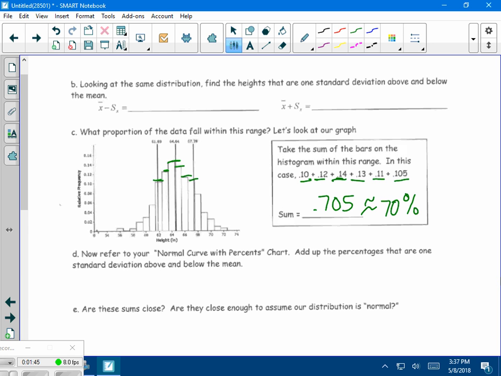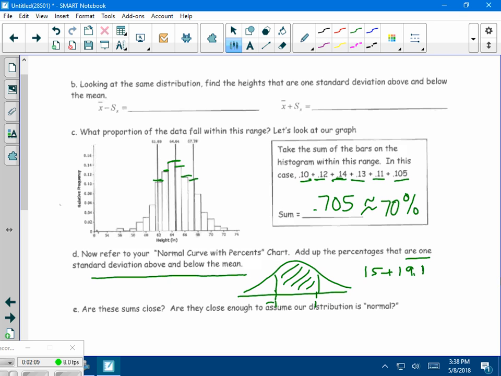So when it says when you refer to the normal curve, so that's that separate sheet that you're getting. It says add up the percentages that are one standard deviation above or below the mean. Well, that means in the curve, when you look at the bottom, the ones that go from -1 to +1, when you add up all that in here, what you should end up with, right, is adding 15 plus 19.1 plus another 19.1 plus 15 again, and you get 68.2.